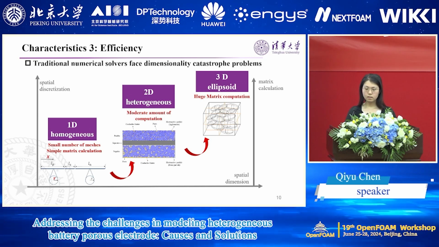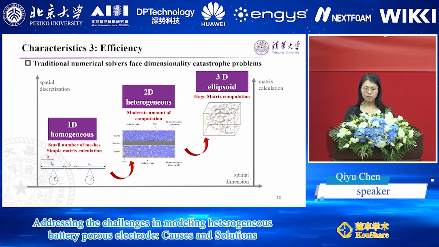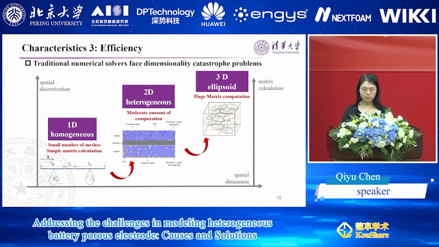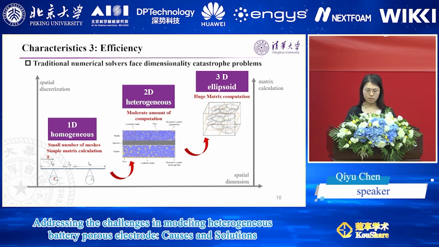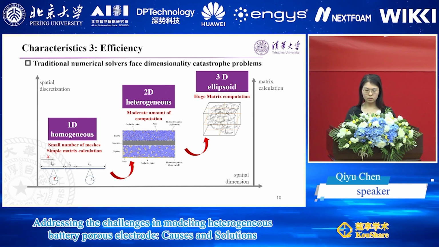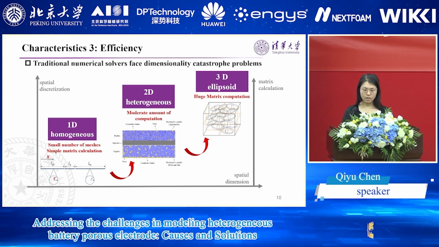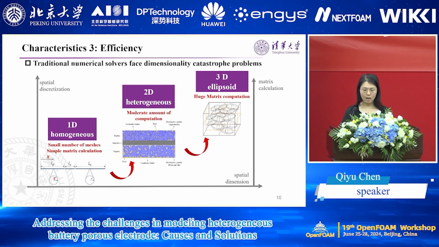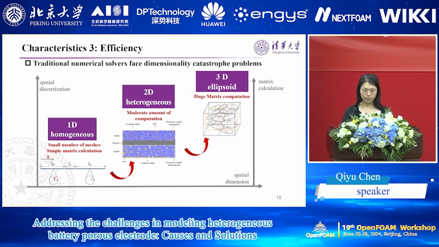However, for the current two-dimensional non-homogeneous particle packing structure, a 100 microns thick and 1 microns long region requires nearly 1 million meshes, which is a large number, and it takes more time for both the mesh generation and the matrix computation.